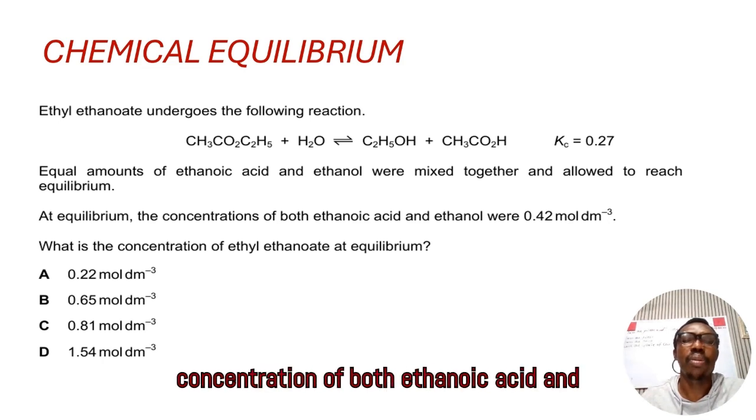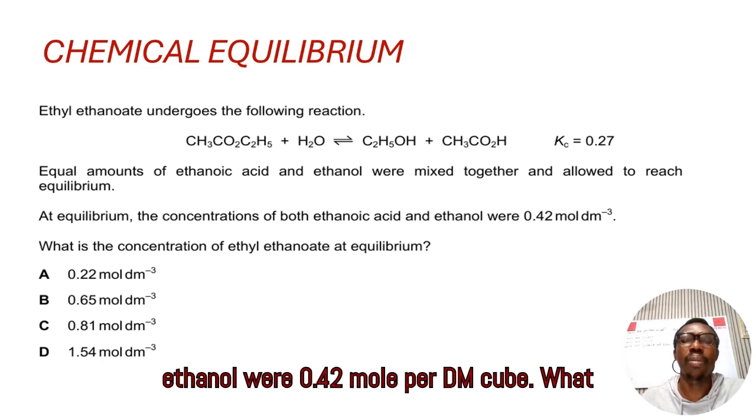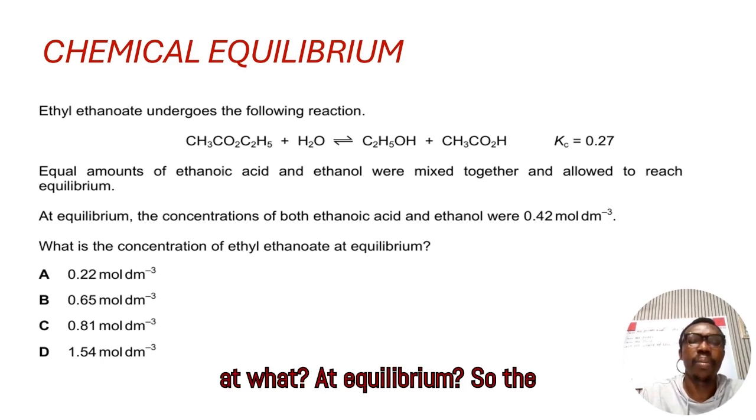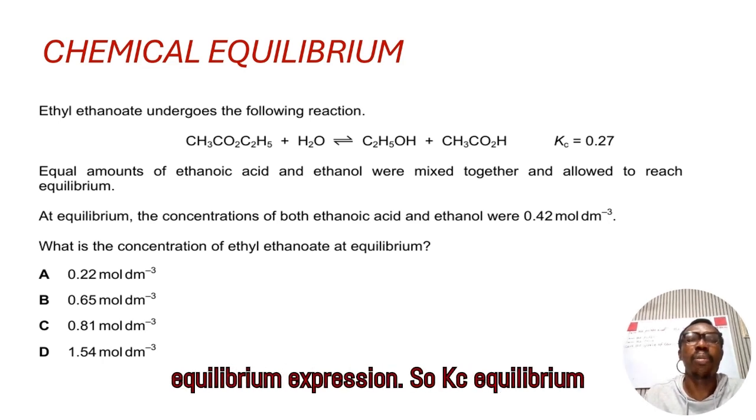At equilibrium, the concentration of both ethanoic acid and ethanol was 0.42 mole per dm cube. What is the concentration of ethyl ethanoate at equilibrium? So the first thing to do is to write the equilibrium expression.